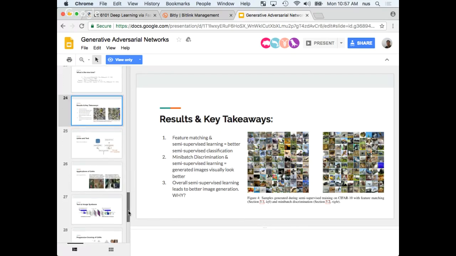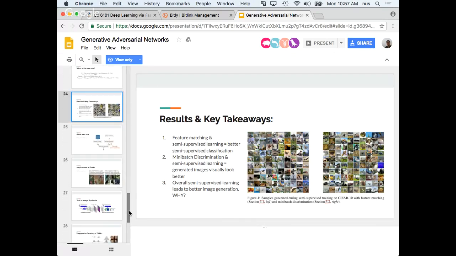So the reason that turns out to be true, I mean, they hypothesize it is true, is because having access to the labels for labeled data also provides information that the model can learn from. So it sort of transfers into the generation aspect of it. So that's what they basically hypothesize.